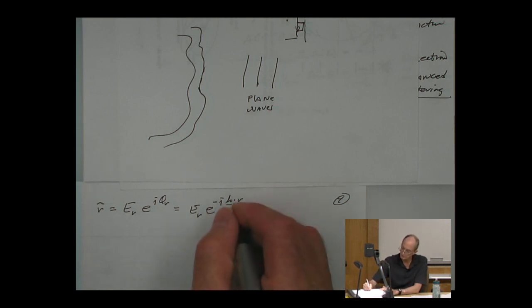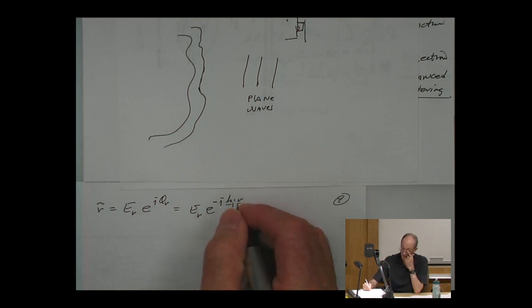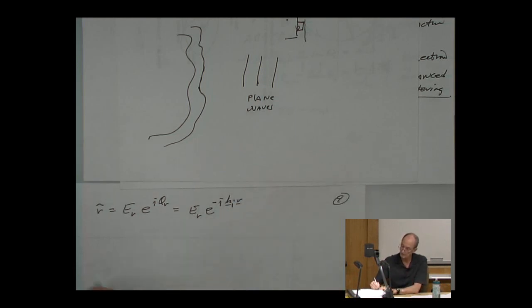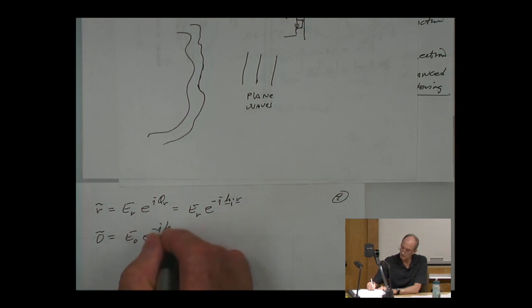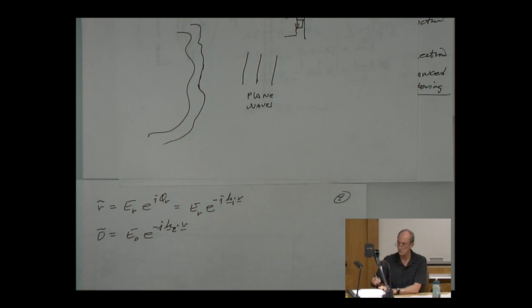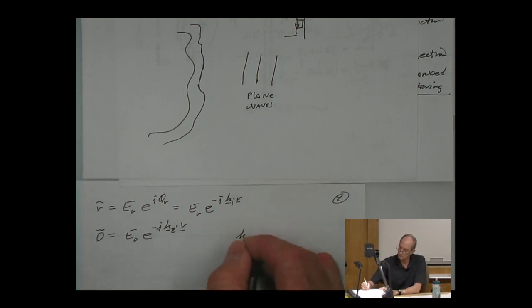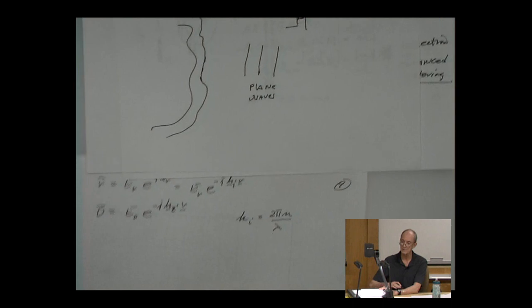And so this is for the reference, and since we have r there, I'll use sub 1 for that propagation vector, and the object field is just going to be E sub o e to the minus j k sub o, or I'm sorry, k sub 2. We'll use numbers for those from now on. And the magnitude, of course, for k sub i is 2 pi n over the wavelength.